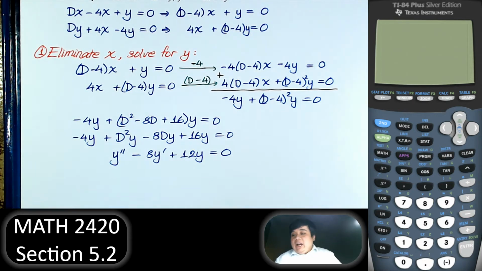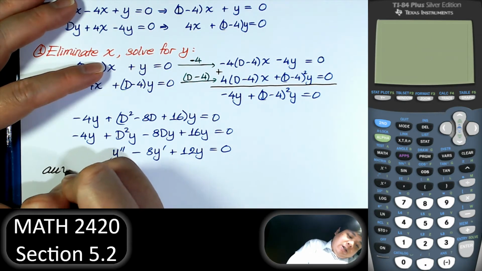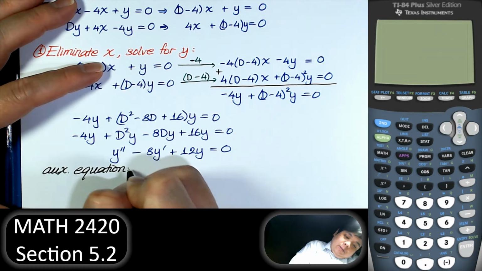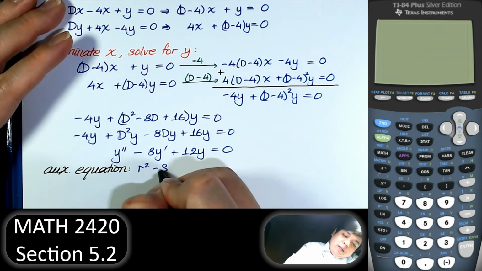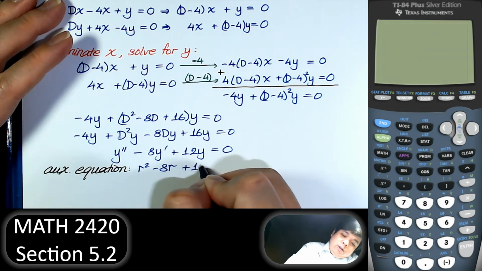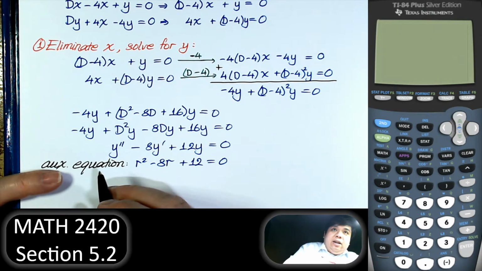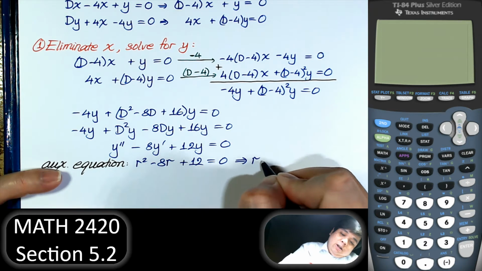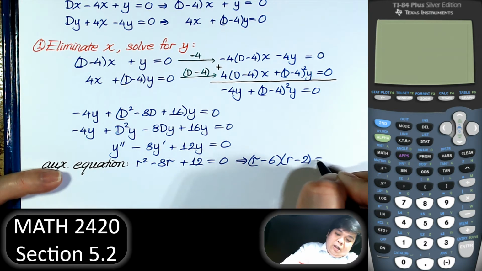And from here, of course, we get the auxiliary equation and then we solve for it. That should be easy, right? So the auxiliary equation: r squared minus 8r plus 12 equal to 0. Factor this, we'll have r minus 6, r minus 2 equal to 0.